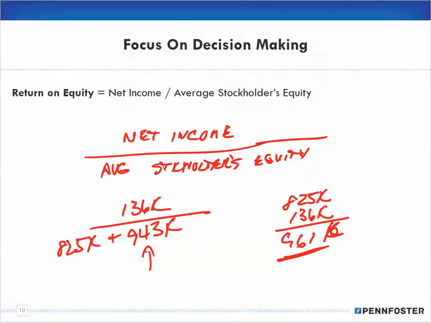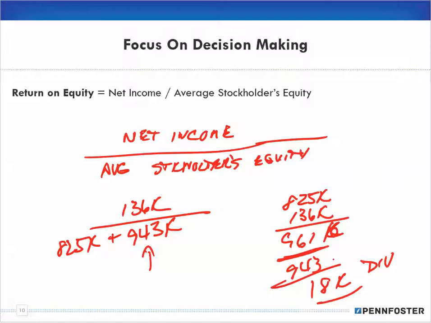Well, the difference between the 961 and the 943 means that there was some other change that occurred, and that change could have been a payment of dividends, right? If they had paid out dividends, they would have paid out $18,000 in dividends, right?